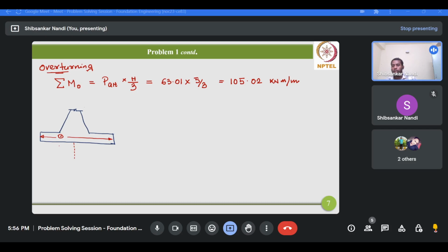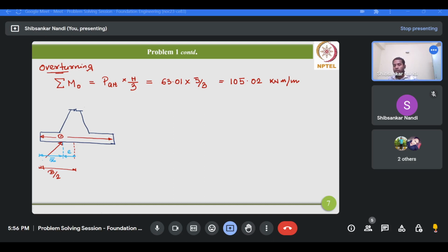So therefore this will be your B by 2, and your reaction, which is basically acting on the base, is at a distance of x bar. Okay, so therefore this is the eccentricity at which the resultant reaction is basically acting on the base of the wall.